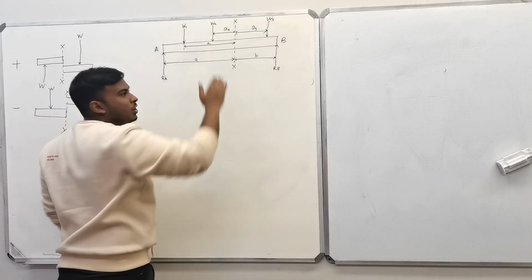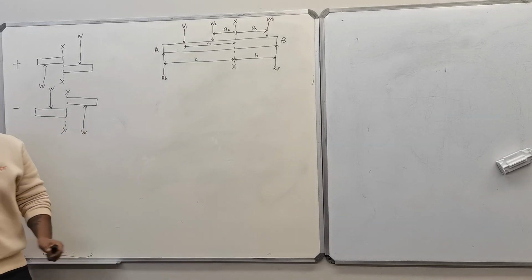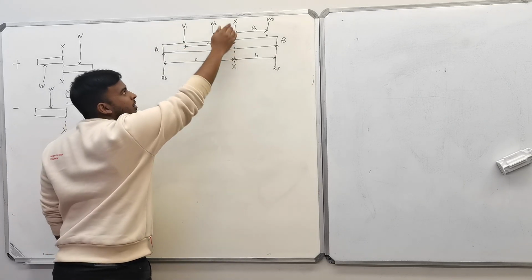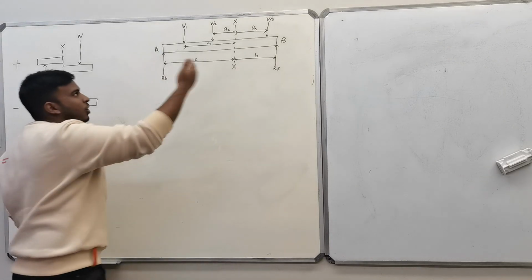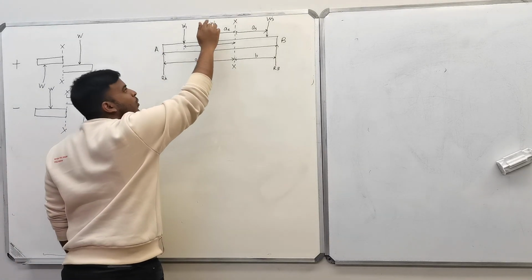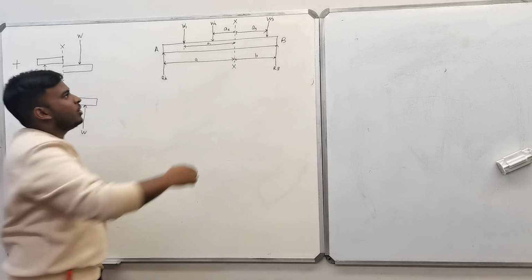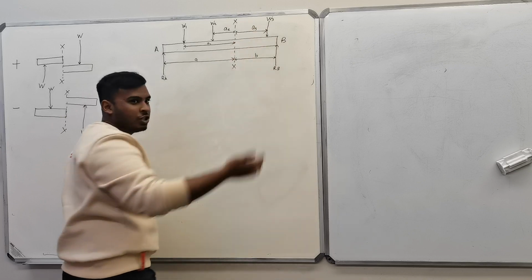So remember, this X dotted line is your shearing force, that's where the beam fractures. Okay, so you have W1, which is a distance of A1 from your shearing force. You have another concentrated load of W2, which is a distance of A2 from your shearing force. You have another one of W3, which is a distance of A3 from your shearing force.